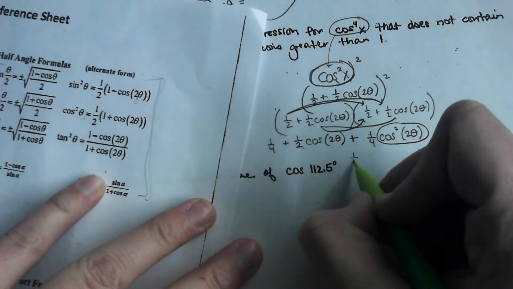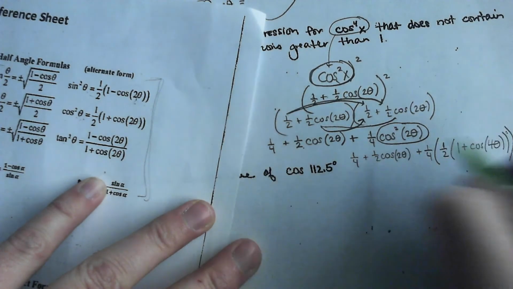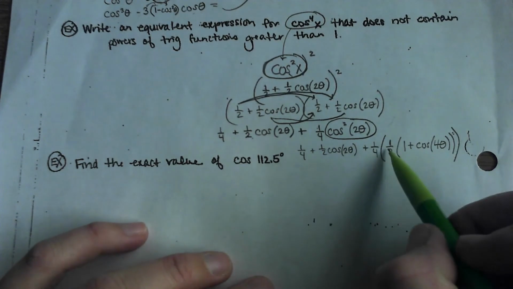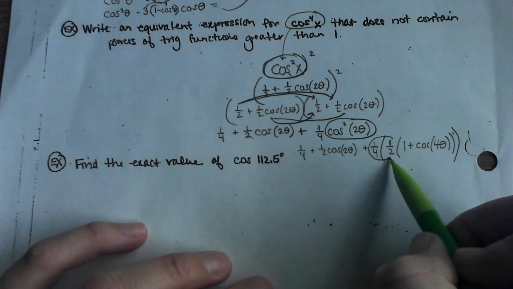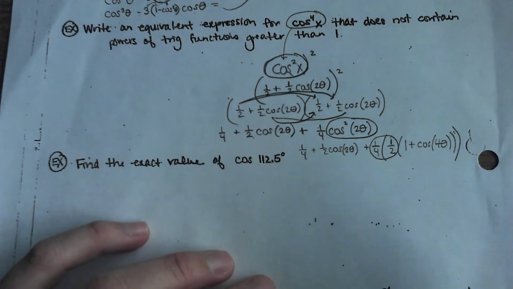And then the beginnings I'm not touching. So on that last term, I can really just distribute a 1/8, 1/4 times 1/2 times a binomial.